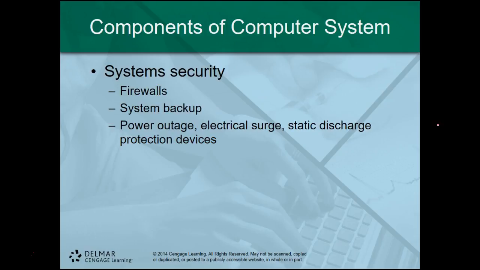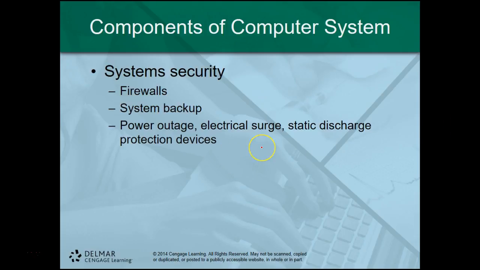System security again involves firewalls, where we create a barrier for our operating system to not be attacked, and backup, where we back up the information on our system, our files and our servers, so that we have a carbon copy should we be attacked and have something destroyed. We have a backup available to restore our systems from the point of the backup.